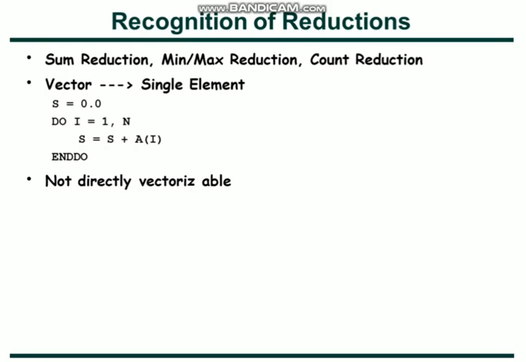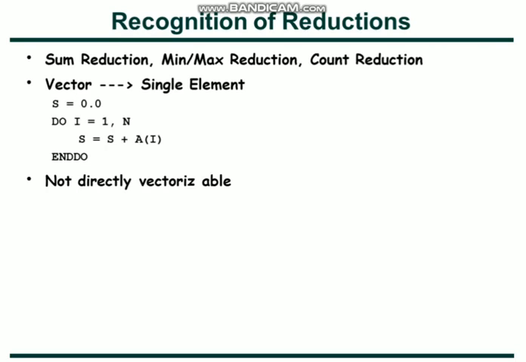Okay, so in the first iteration a of 1 would be added to s, in the second iteration a of 2 would be added, and like this n iterations will add all n elements of array a into a single variable s. So at the end we'll get a single variable s which holds the sum of all values of a.